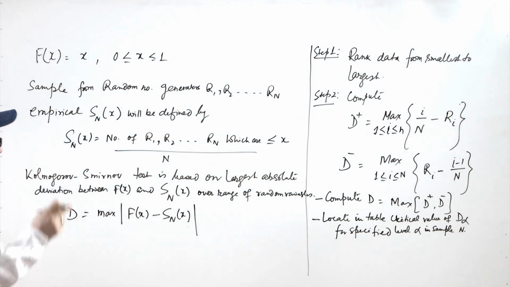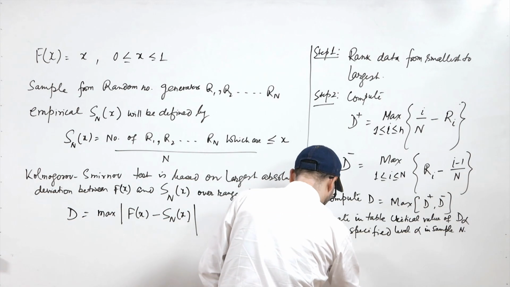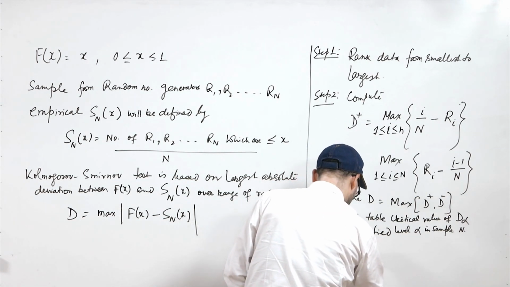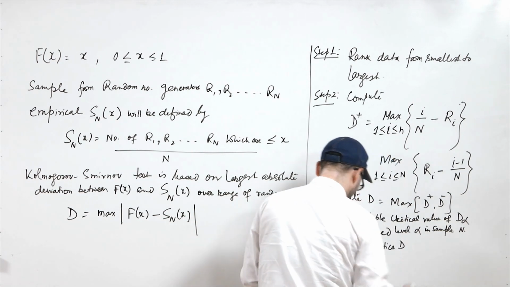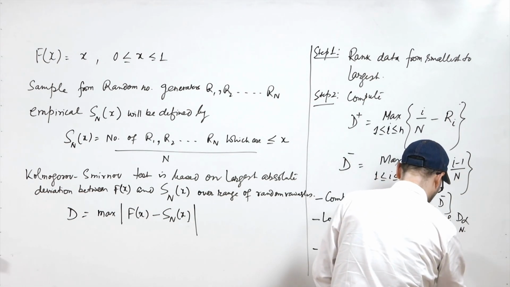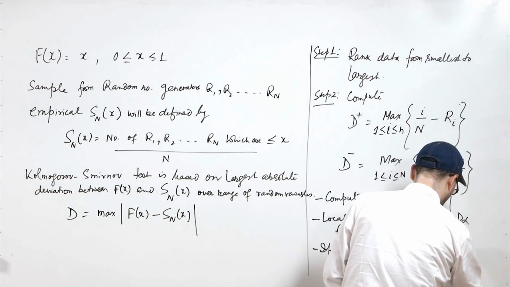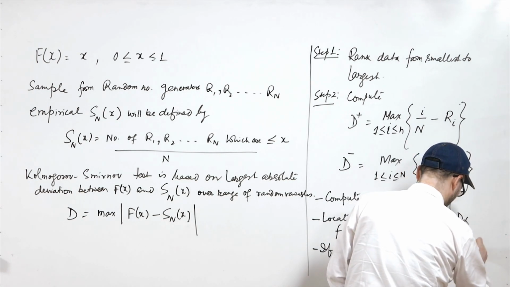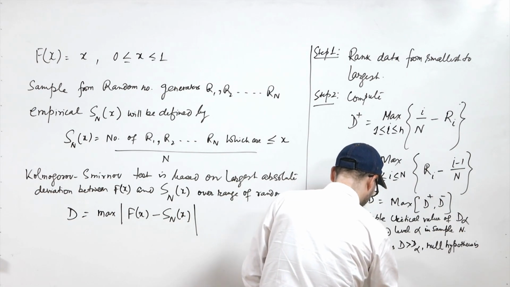From that table you have to locate the value of d alpha, and if the sample statistic d is more than d alpha, the null hypothesis is rejected.